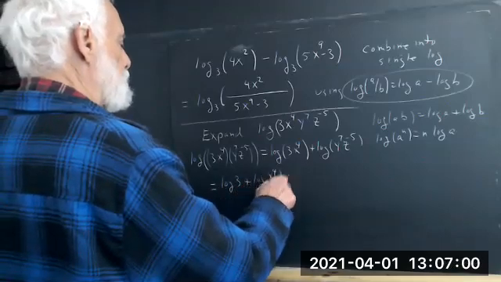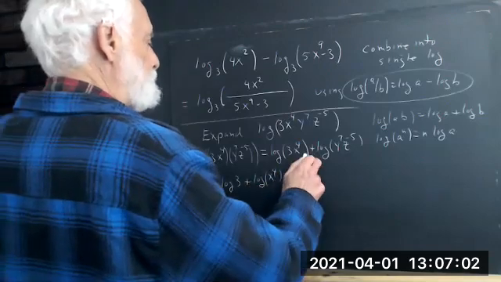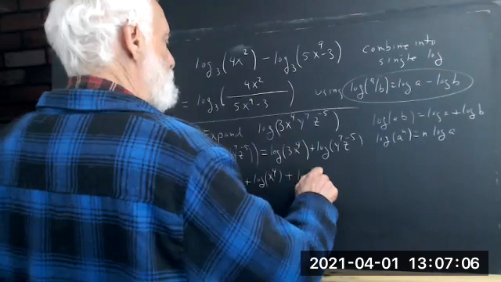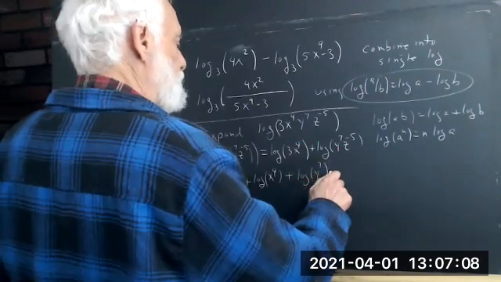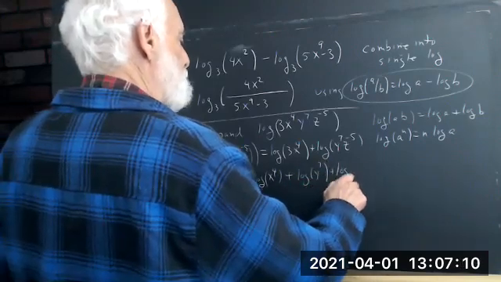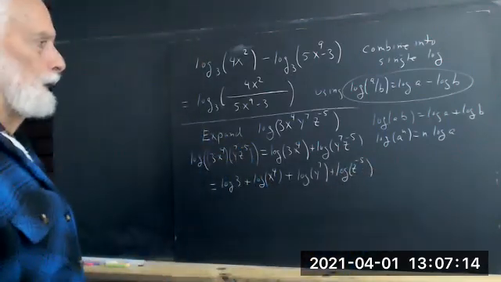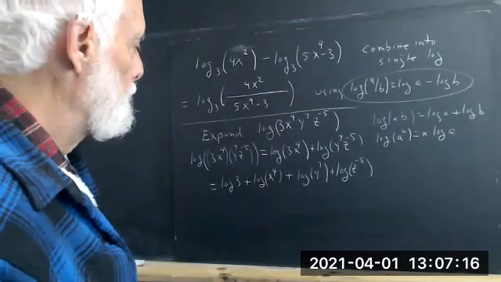Okay. Anyway, log of 3x to the fourth is clearly then log 3 plus the log of x to the fourth. This is then going to be the log of y to the seventh plus the log of z to the negative fifth.